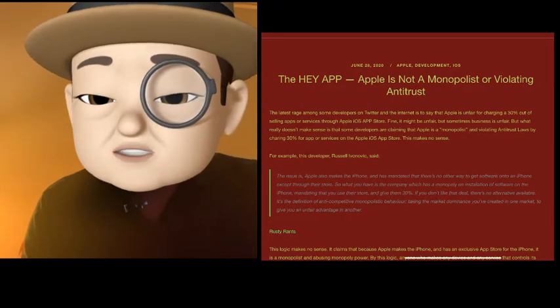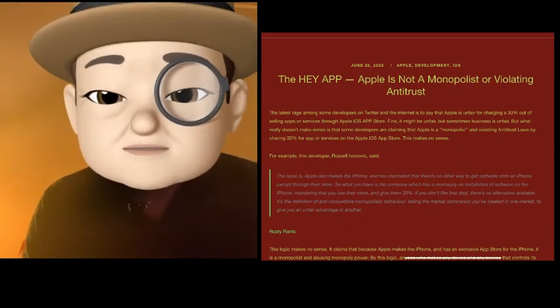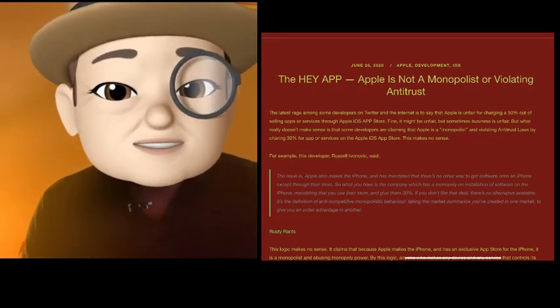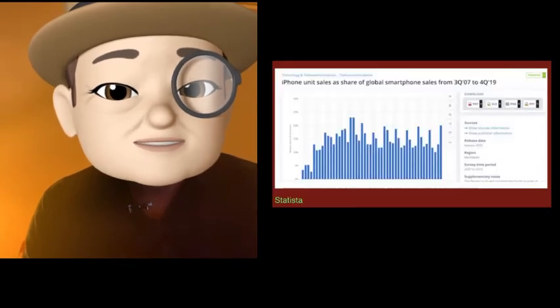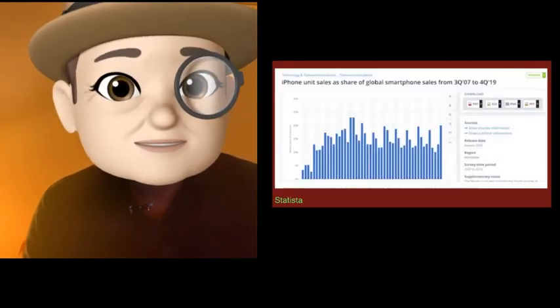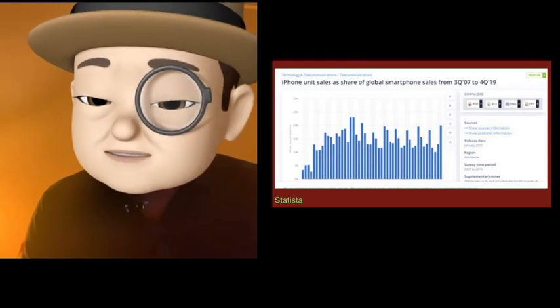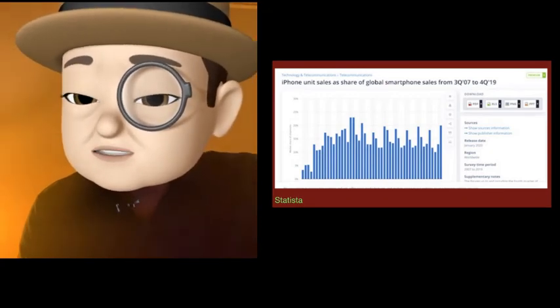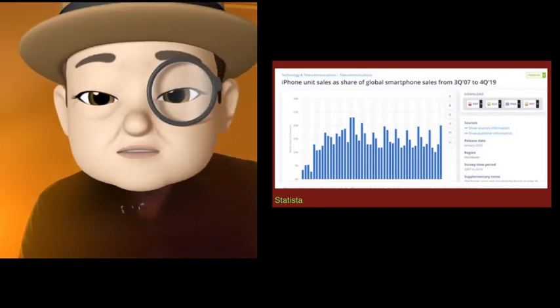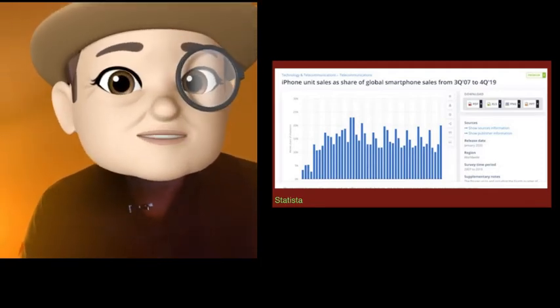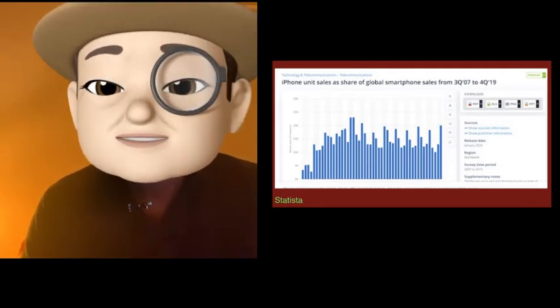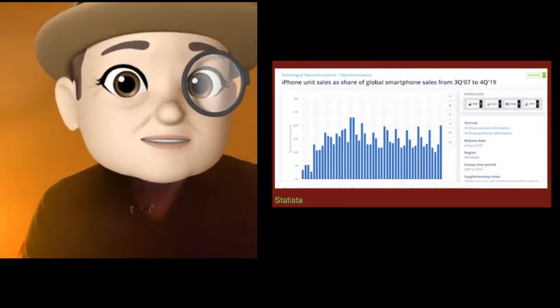Now, there are charts out there. If you look at smartphone sales from the third quarter of 2007 through the fourth quarter of 2019, which is last year, you can see that Apple has anywhere from under 15% to a little over 20% of all smartphone sales globally, right?